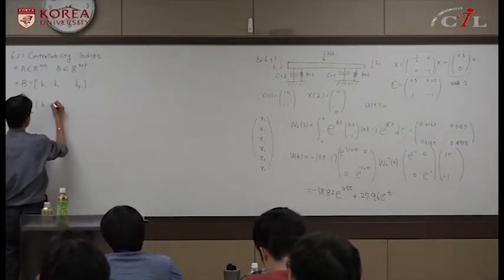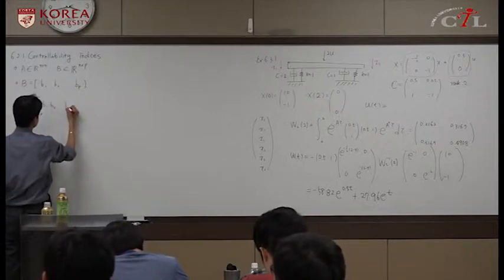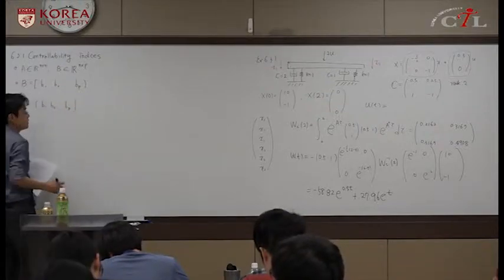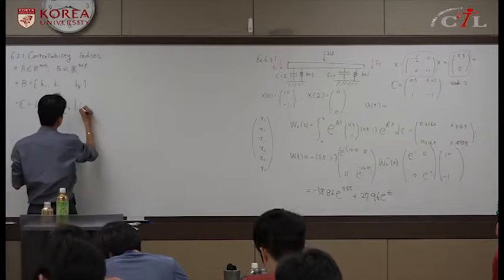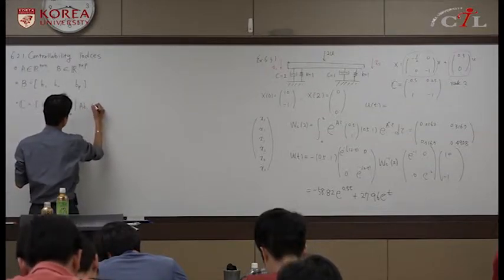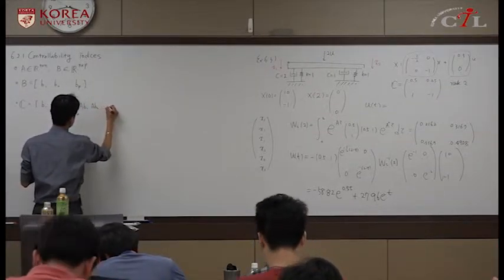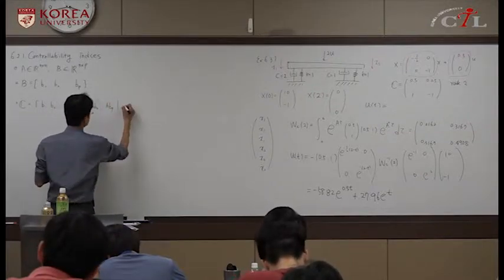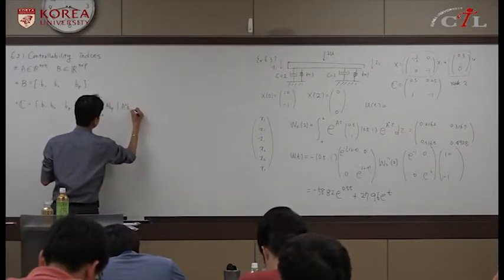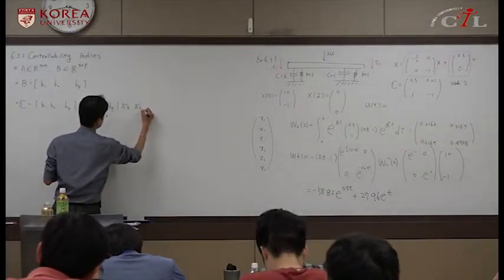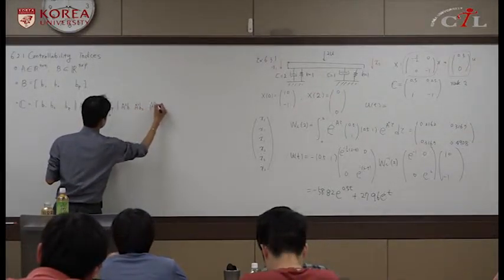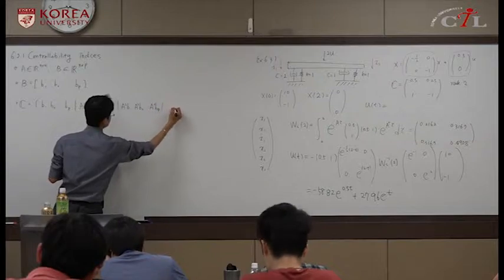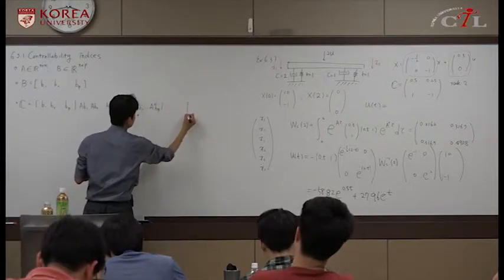So B is B1, B2, up to BP, and AB is AB1, AB2, up to ABP, and A squared B1, A squared B2, up to A squared BP, and it goes on.